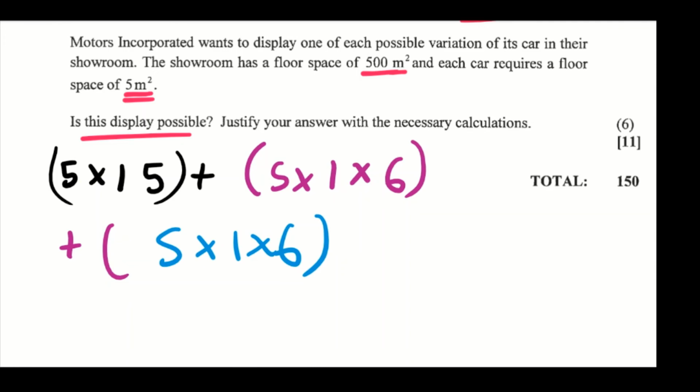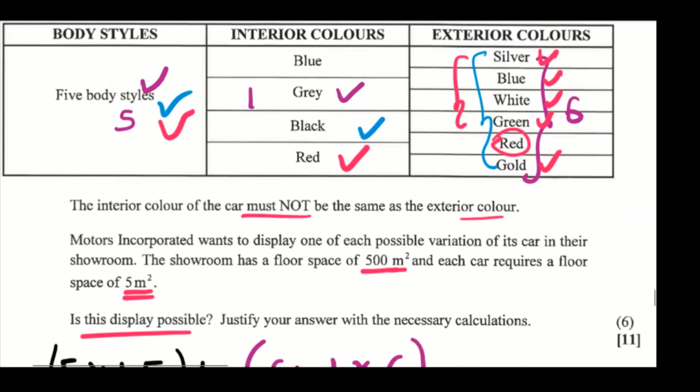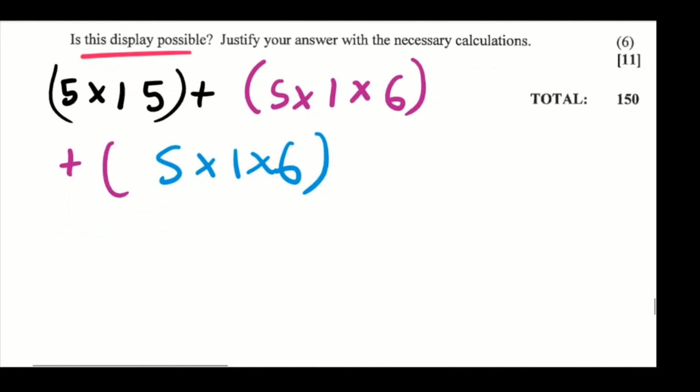And then we have all body styles, and now we want red, and we cannot choose this red. So how many options do we have? It's 1, 2, 3, 4, 5. So we have 5 options. So it's going to be 5 body styles times 1 times 5.